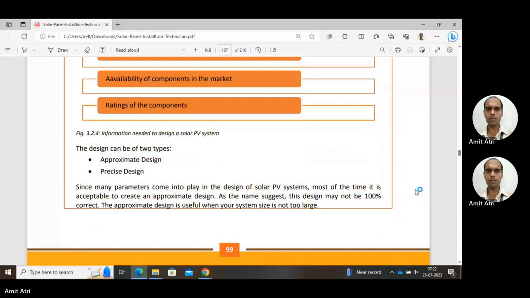Means almost, not exact, but almost. It will satisfy the load requirements. So it is more suitable for small systems. For large systems, we prefer precise design.